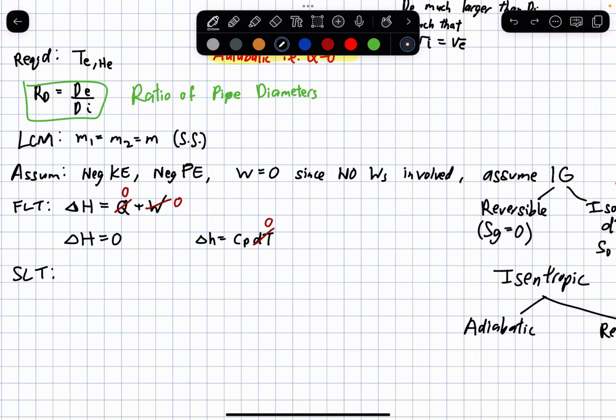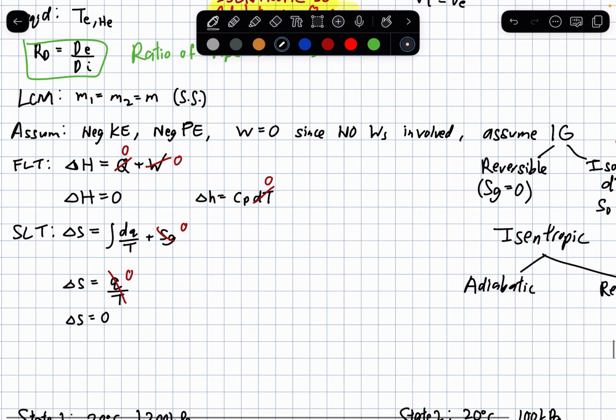We just have to look for the ratio of the pipe diameters. Question is how. Q is 0, so delta S is also 0.